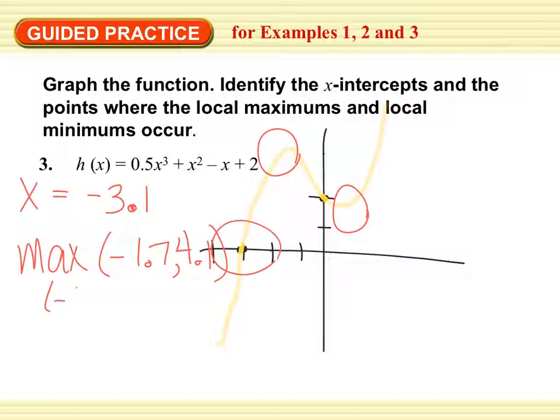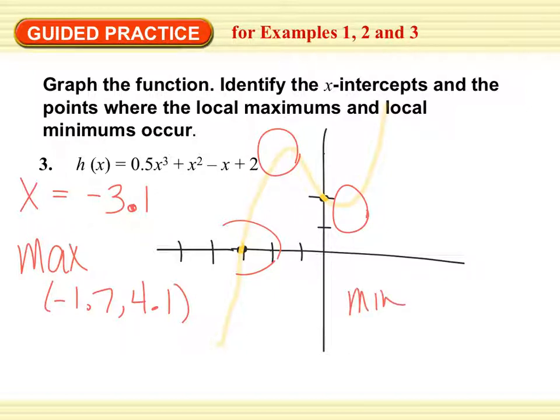That's awful. -1.7, 4.1. Sorry about that. That was really bad. And then my minima, 0.39, 1.8.